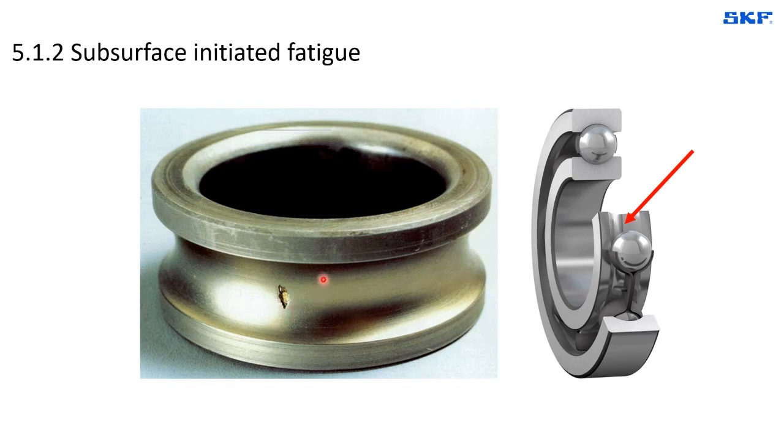So basically, in this case, if we allow the bearing to continue to run, this will expand. It will start to show all around the bearing and in the other components, and then how are we going to be able to identify that this problem started by material fatigue? It will be very hard, if not impossible.